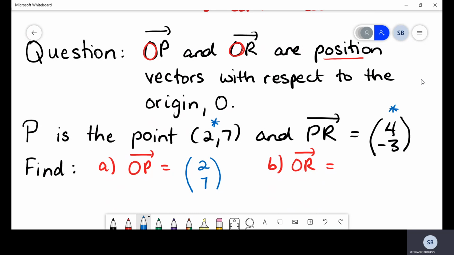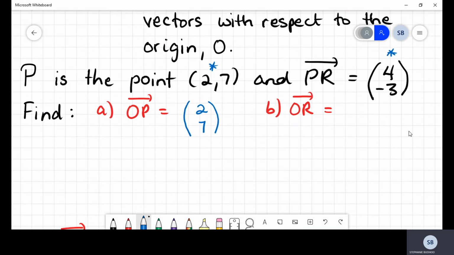Now let's move on to part B. They want us to find OR. Now, in this question, as you search throughout the words, there is no point R, so getting the vector OR is a bit more difficult. We must work for it. So how can we work? What else are we given to use?